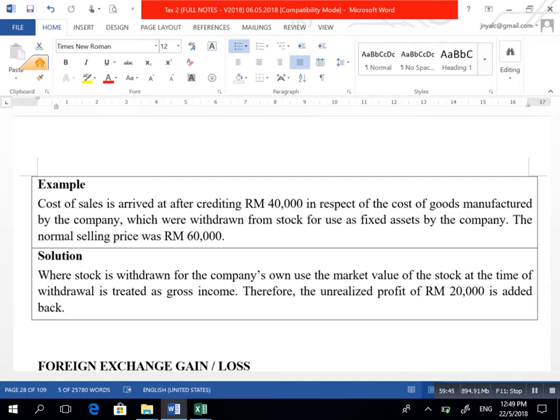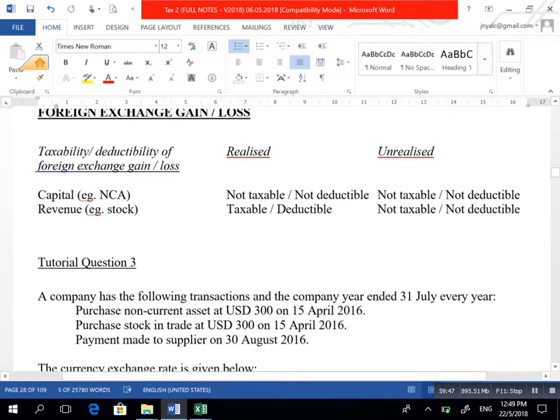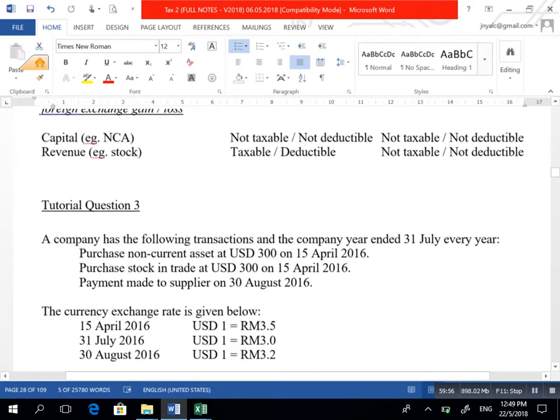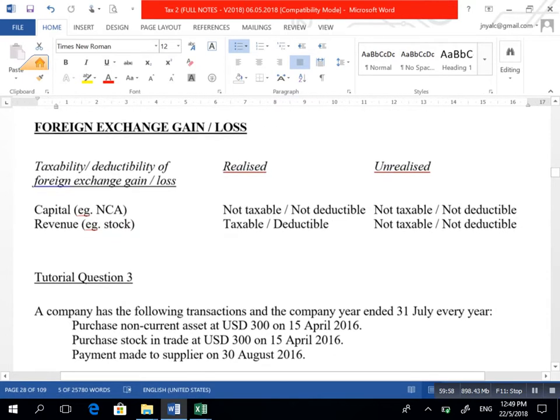Alright. Now class, there is one more part to go for this chapter: foreign exchange gain or loss. This one I will discuss with you in the next class. Before we end this, I show you the answer for your chapter 2.